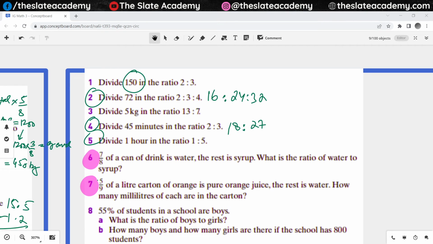Whoever is Miss Aisha. 10 is to 50. So you can take 1 hour as 60 minutes and then divide those 60 minutes in the ratio 1 is to 5. So you'll get 10 is to 50. So 10 plus 50 would be 60 minutes, and the ratio, if reduced down, would be 1:5.